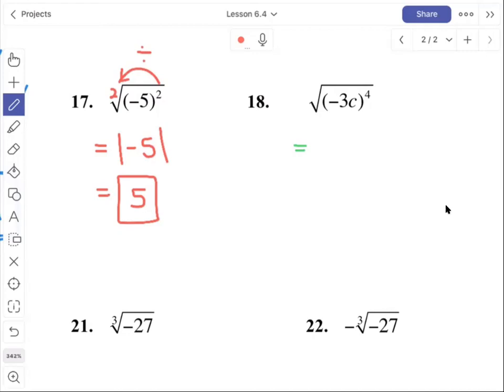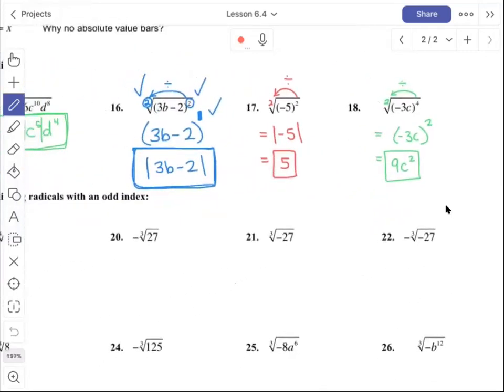So this one, go ahead and do it on your own, and I will work alongside you. Look up once you're done and check your answer. All right, and that is my final answer.